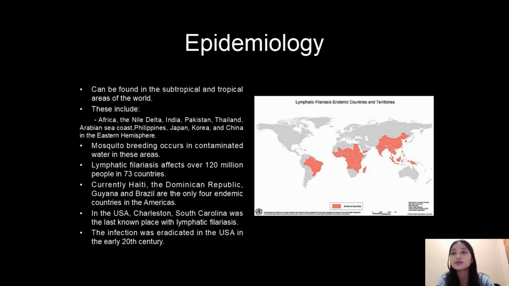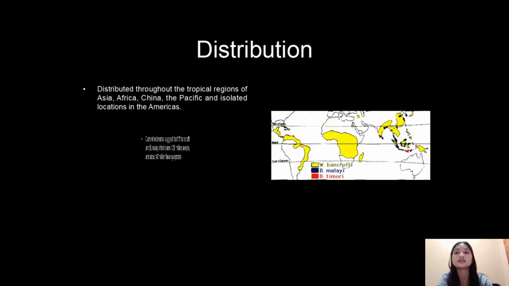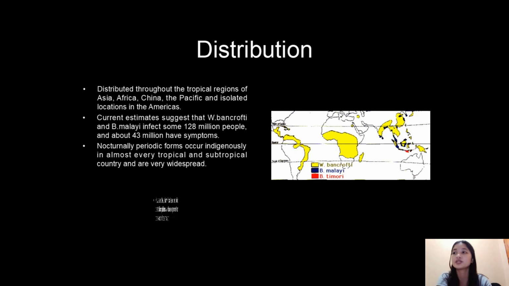And also, currently, Haiti, the Dominican Republic, Guyana, and Brazil are the only 4 endemic countries in the Americas. In the USA, Charleston, South Carolina was the last known place with lymphatic filariasis. The infection was eradicated in the USA in the early 20th century.